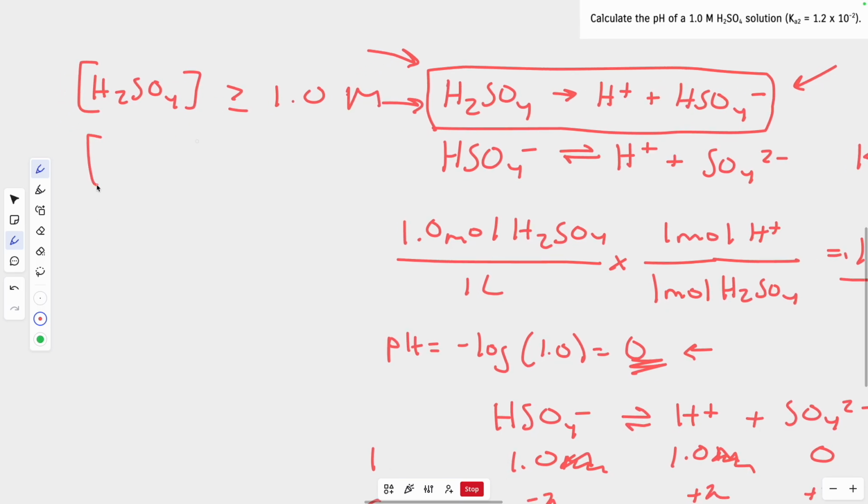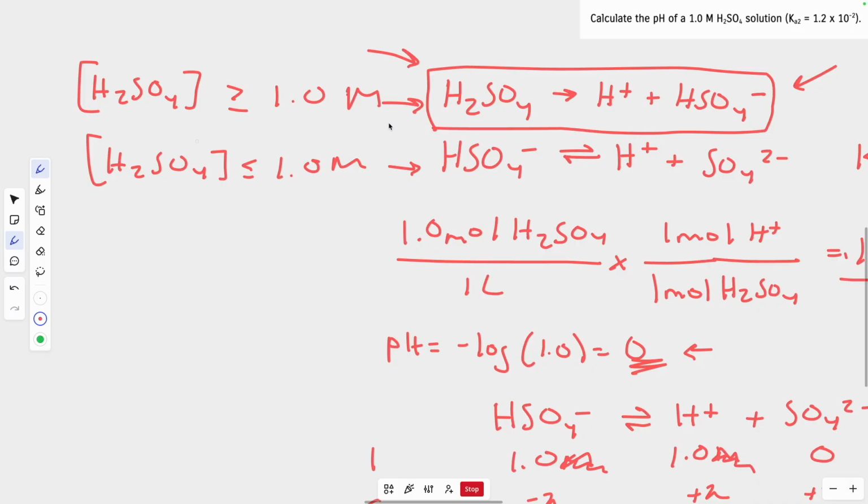But if the concentration is less than 1 molar, then the second step does have a slight change that may impact the pH of it. And this makes sense because the less H plus you have produced from this first step, the more this second step is going to add to that.